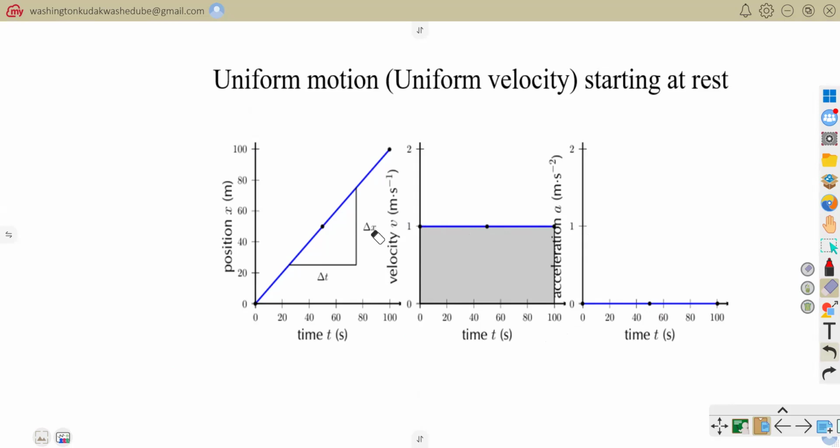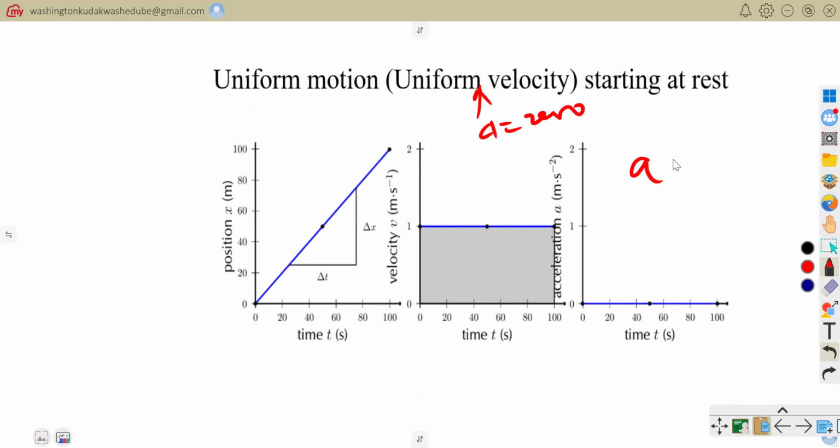So it will be a horizontal straight line at a certain level corresponding to the constant velocity. And then the acceleration time graph would be a constant zero line on your acceleration. So constant velocity or uniform velocity is equal to what? To zero acceleration.